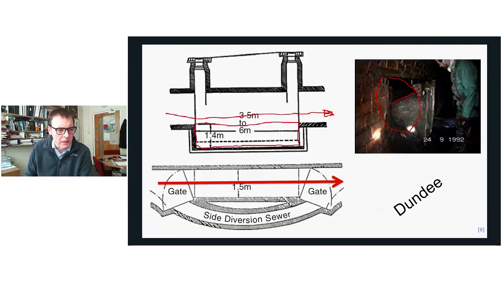The idea being that as particles came along in the flow path, they would then be deposited in these traps, and it meant that when it came to removing sediments from the sewer, they were all located in these traps. That could be dug out rather than having to dig out whole lengths of sewer.